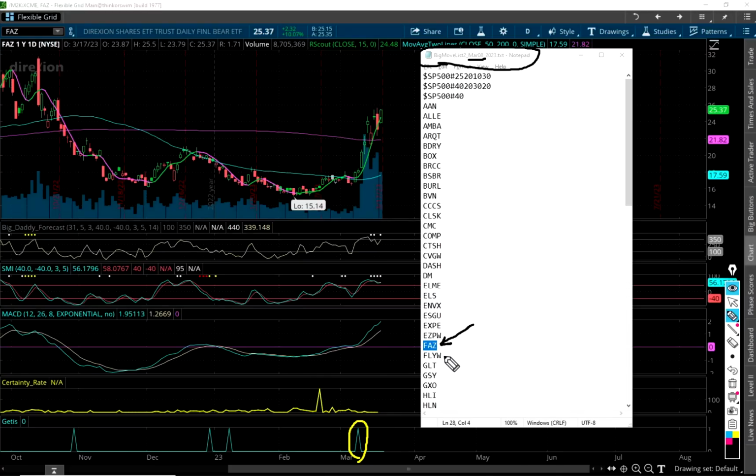So I'd put this on my watch list probably. I'd go through it real quick, bang through the watch list and see which charts look the most juicy, right? Which ones are the juicy trades? Let's say I picked FAZ. Okay, let's go back to the chart. So now you know what the members are getting every night. They get a list like this. They also get a list for futures. They get a list for sectors, industries, and sub-industries.